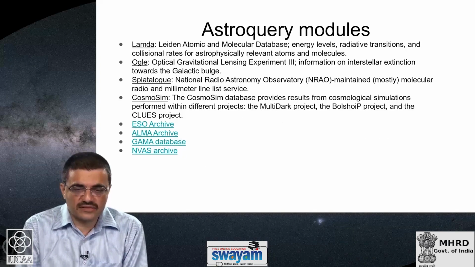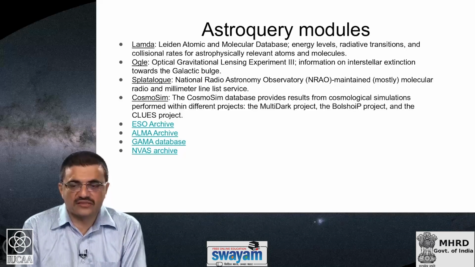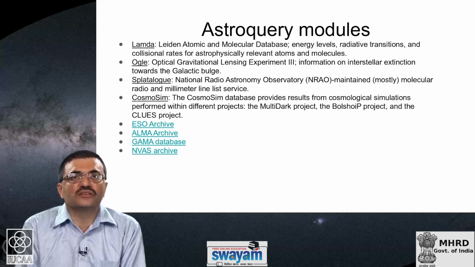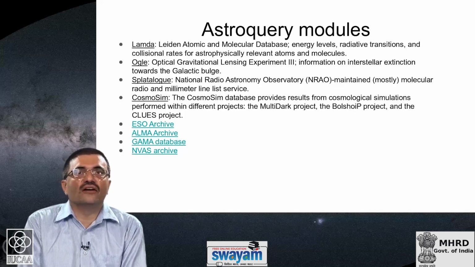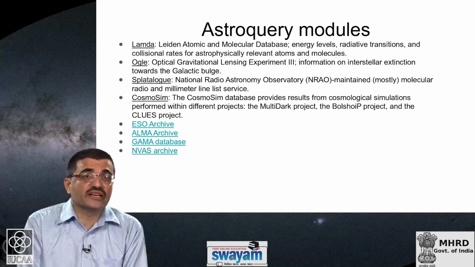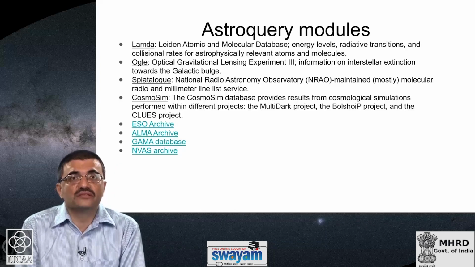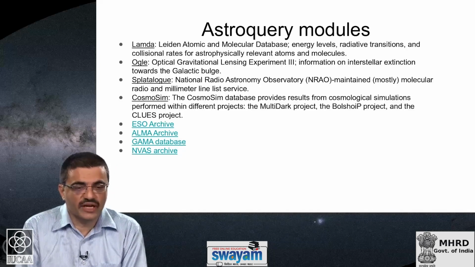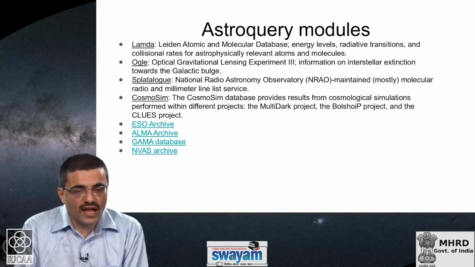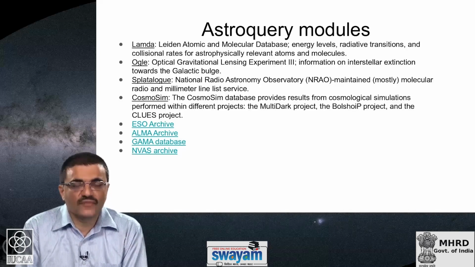Lambda is an atomic and molecular line database, again various radiative transitions, energy levels, collisional rates, etc. for the astrophysically relevant atoms and molecules are tabulated by a group at Leiden, and therefore, it is called Lambda. It is available through AstroQuery.